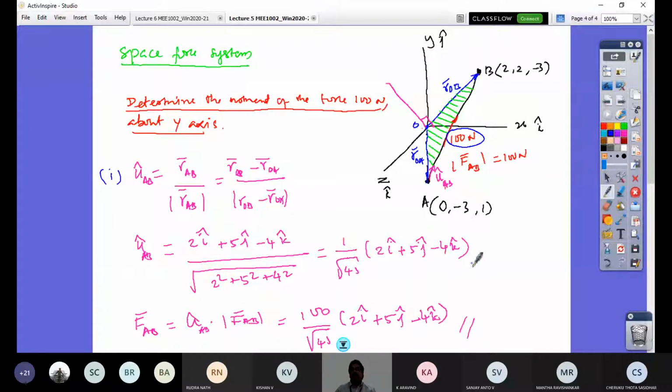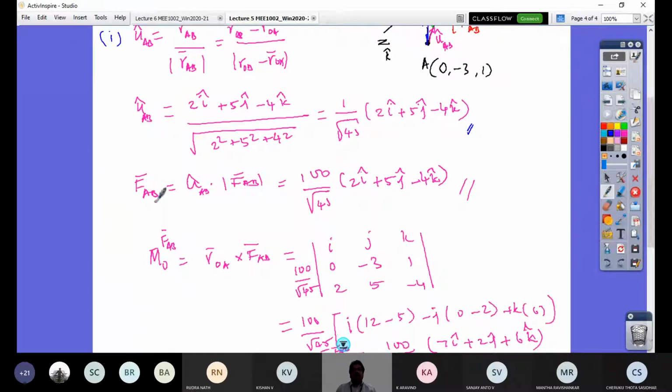So you get the unit vector, and then you multiply that unit vector with the magnitude of the force. So 100 times the unit vector is my force vector: 200 by under root of 45 i plus 500 by under root of 45 j minus 400 by under root of 45 k is my force vector.